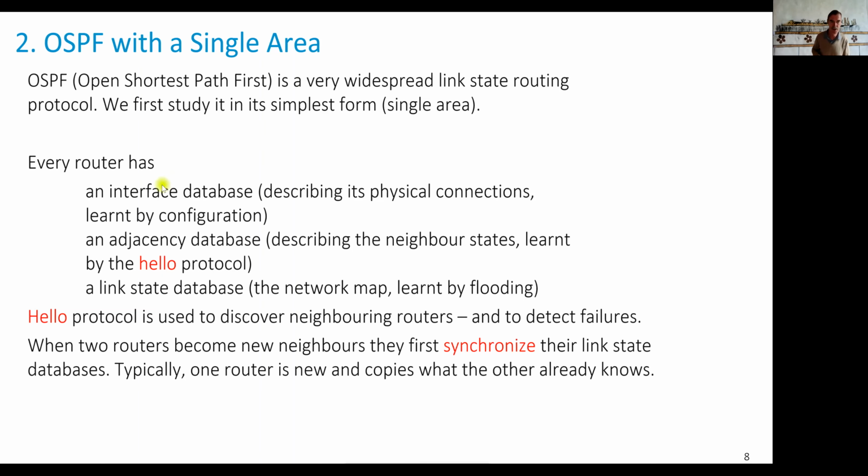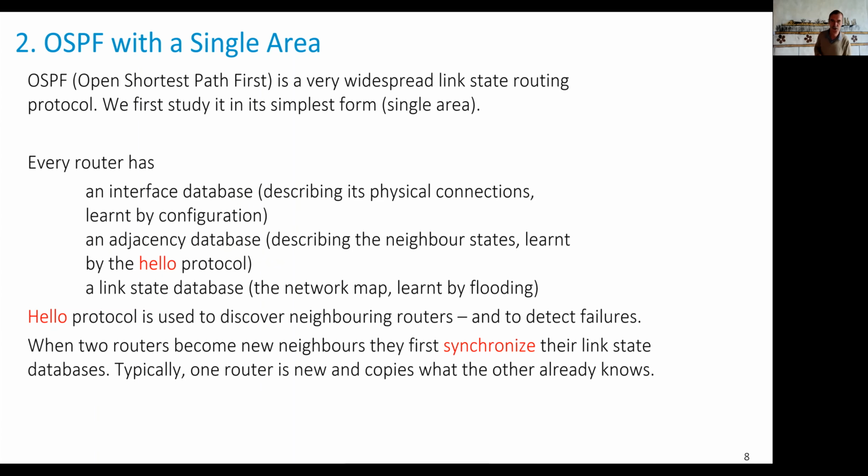This map is built first from the local information, that's the interface database, that is, a router knows all the interfaces it has and all the subnet prefixes that are attached to it. So this is learned by the configuration. We've done that in the lab. We do IP address show, for example, and then we have the information. So OSPF will use this information.